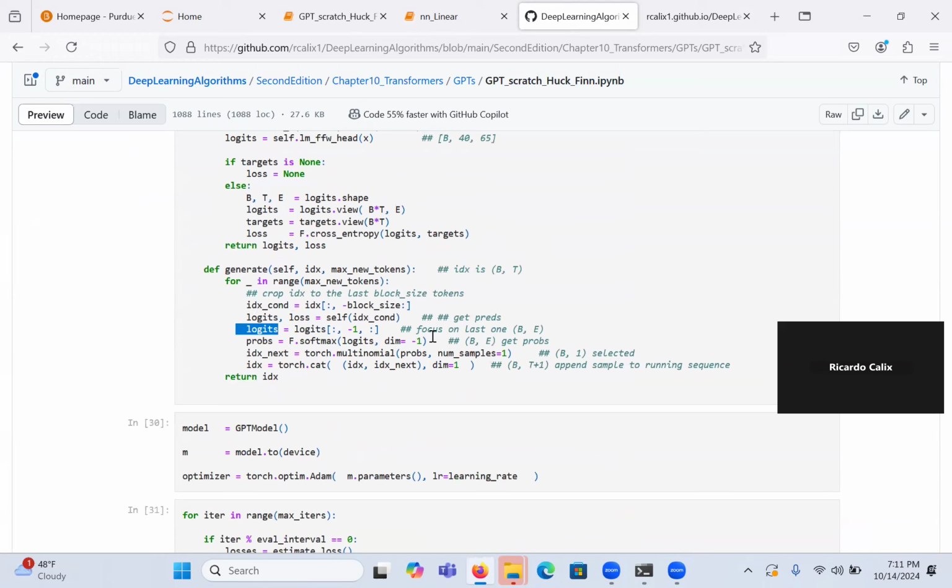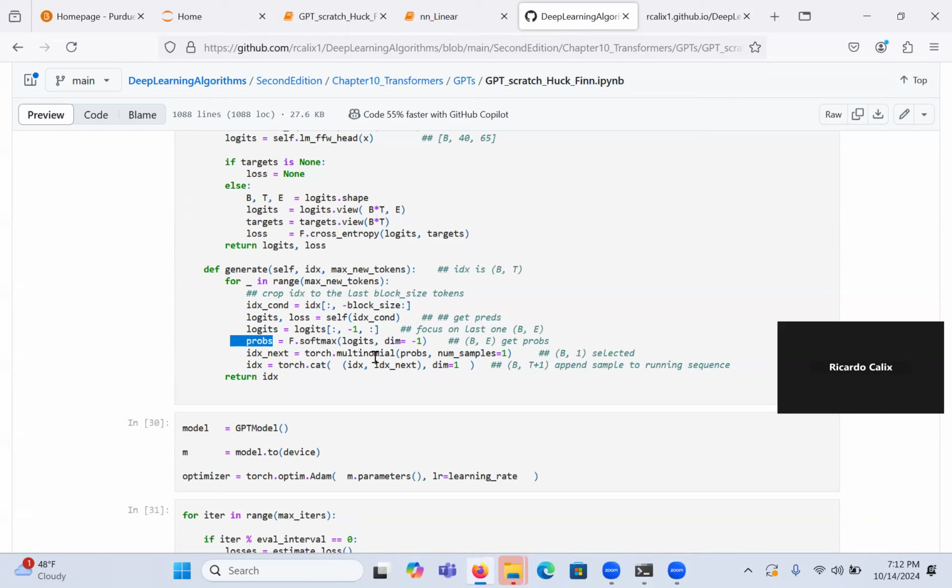And then here, focus on the last one. So the last predicted one, basically, right? That's the last thing that it predicted. This goes into, there's your softmax, actually. That's your softmax that you had mentioned before. The logits comes out. It goes into softmax to produce the probabilities.